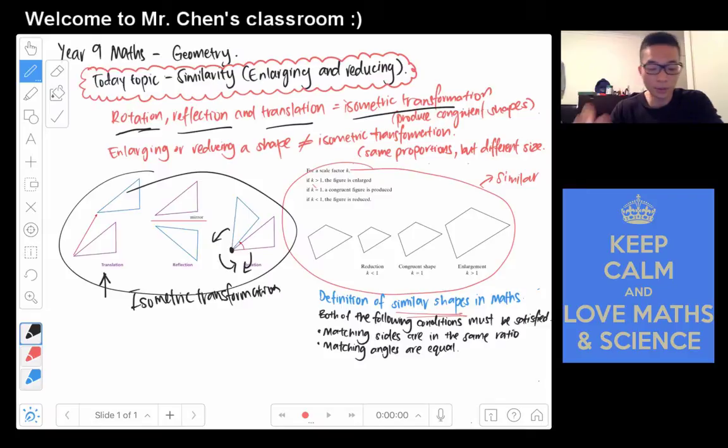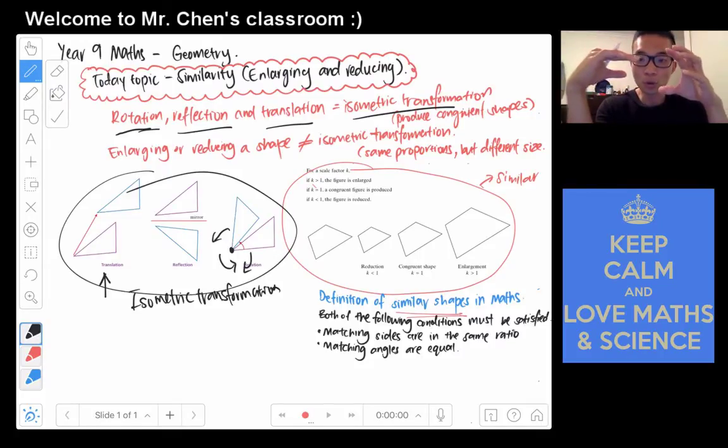Enlarging or reducing, the topic that we're going to talk about today, is different. It has the same proportion but a different size. So a triangle or a figure, you can enlarge it or reduce it. It still has the same proportion, but just a different size. This is what we call similarity.